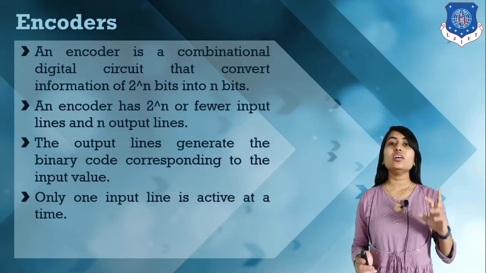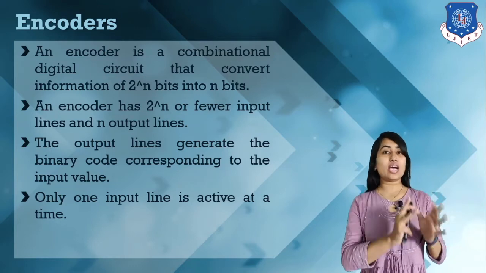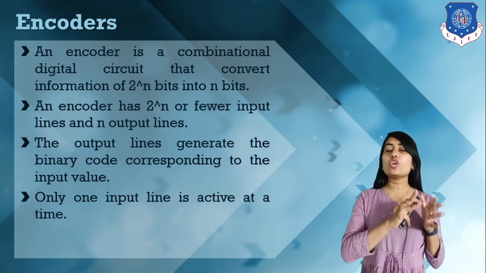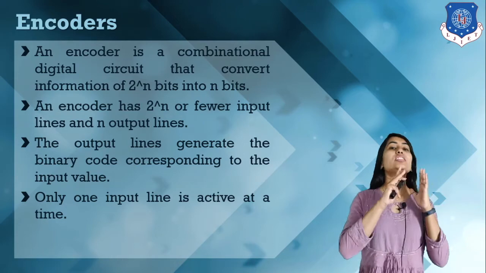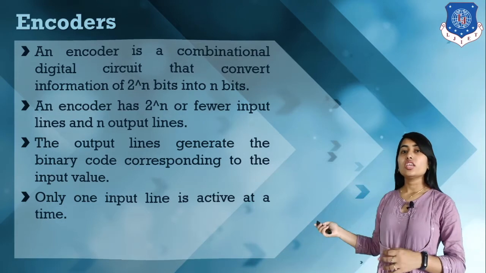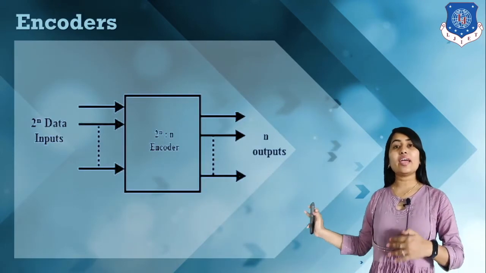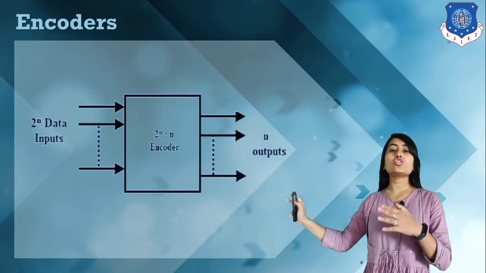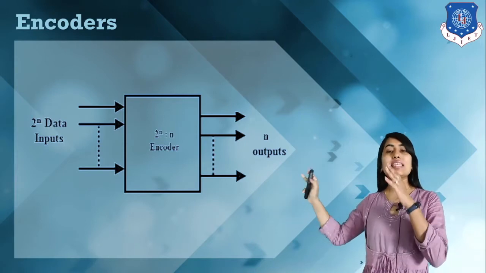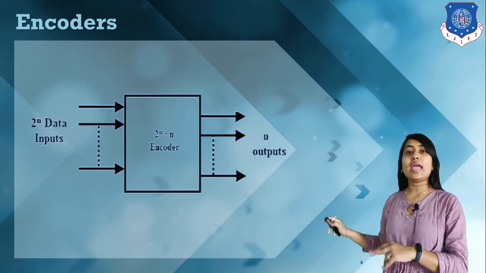In an encoder we have only one input high at a time, and according to that active input line, we have the output accordingly. Here we have the basic block diagram of an encoder. In an encoder we have 2 raised to n input lines, and these 2 raised to n input lines are encoded into n output lines.